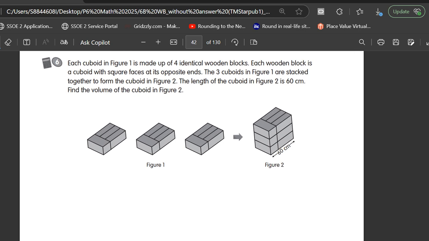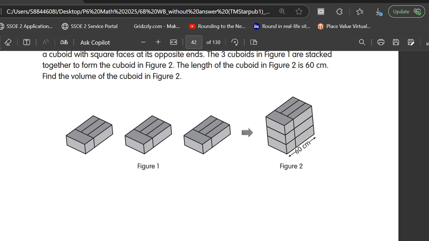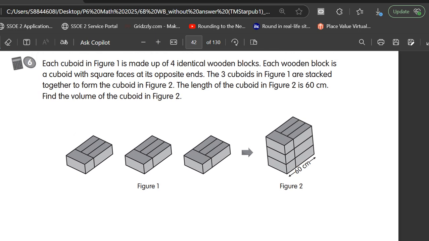Now, instead of cubes, we have wooden blocks. The wooden blocks are shown here, and this wooden block is a cuboid with square faces at the opposite ends. Now, I will say that again.